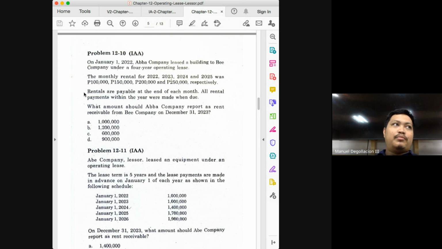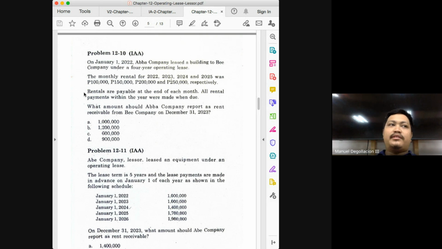And then another potential question would be your receivable. How much is your rent receivable? Or how much is your unearned rent? Depending on whether the amount of income exceeds the collection, you will have a rent receivable or unearned rental income.